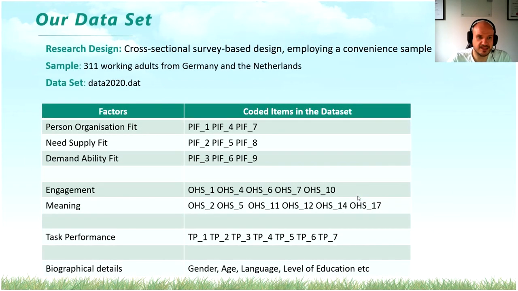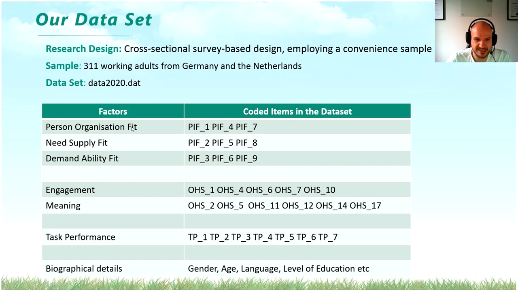For our data, we utilized a cross-sectional survey-based design in the Twente region in the Netherlands. We had 5 companies, and we asked all these employees to complete our questionnaires, and we got about 311 people from Germany and the Netherlands. The Twente region is basically fueled by Germans because of its close proximity to the border. And these are the item labels for each of the factors that we have in our data set.